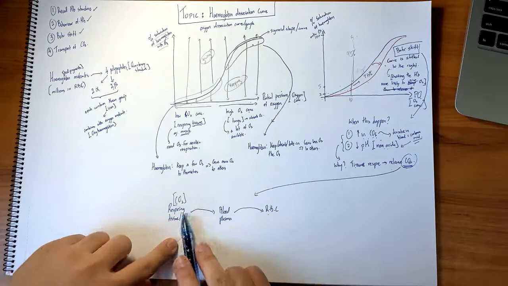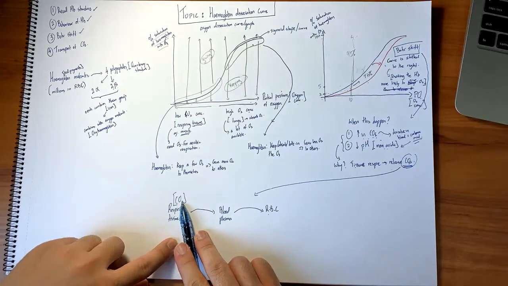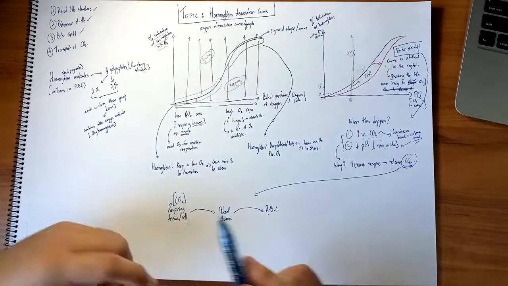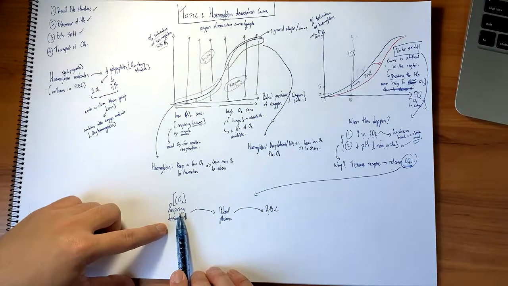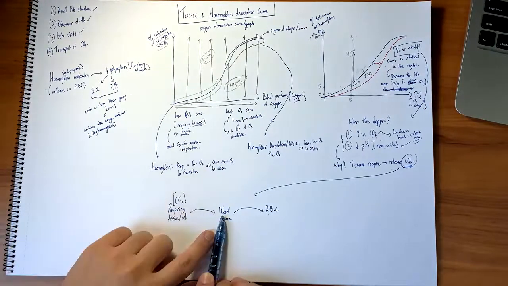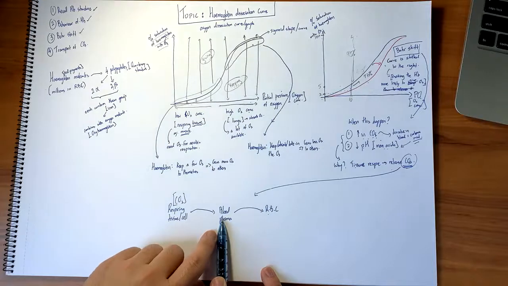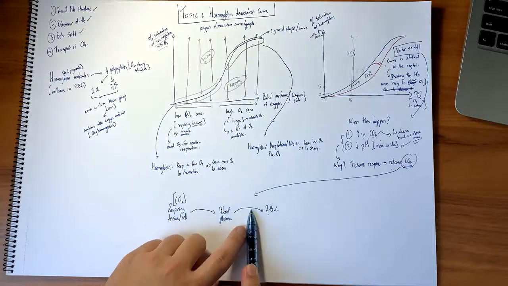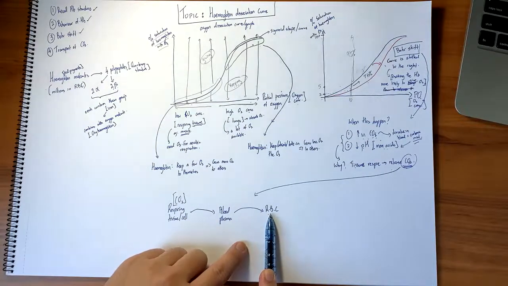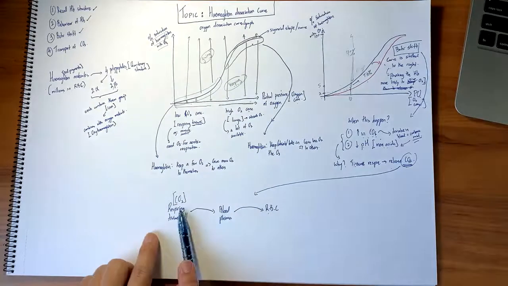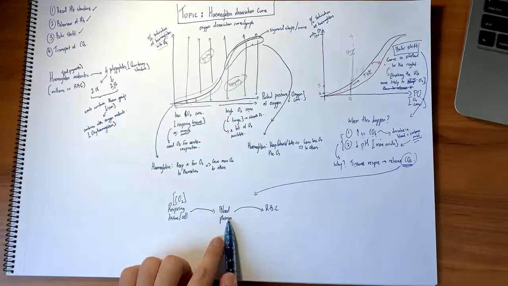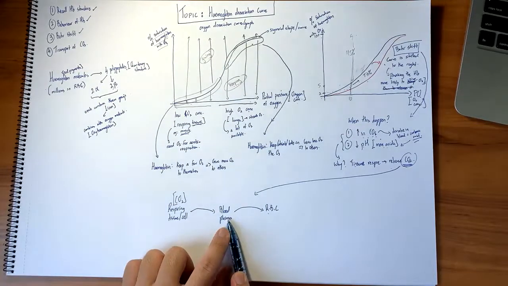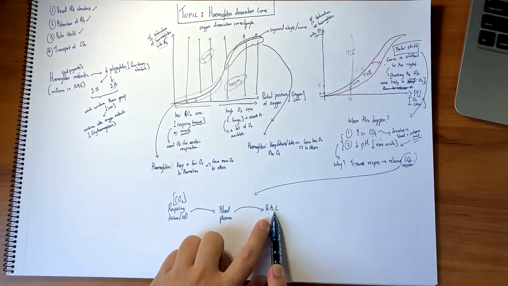The carbon dioxide produced from respiration will dissolve and diffuse into the blood plasma, and actually a huge amount of the carbon dioxide dissolved in the blood plasma will diffuse into the red blood cells itself. Okay, they will diffuse into your blood plasma, and inside the blood plasma, they will further diffuse into the red blood cells. Okay, most of it.